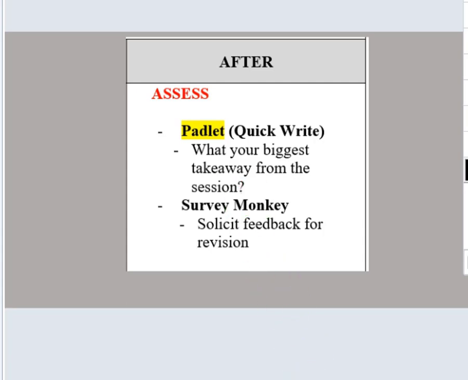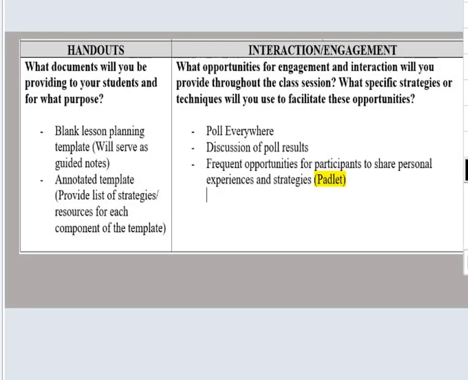And then for the handouts and interaction and engagement portion, again, this is more of an accountability measure. If you don't see a whole lot of stuff down here by the time you get through planning, then that means you don't have any handouts, guided notes, graphic organizers, or concept maps to keep your students focused and right there with you as you go throughout the lesson.